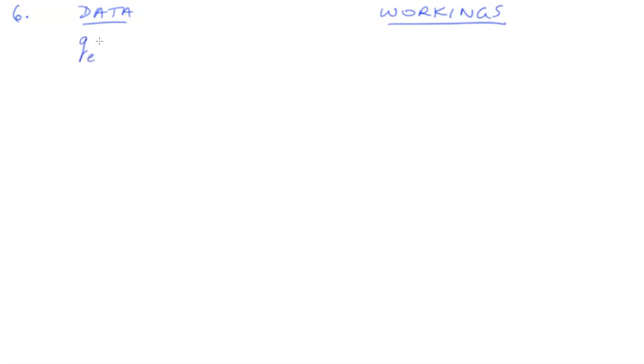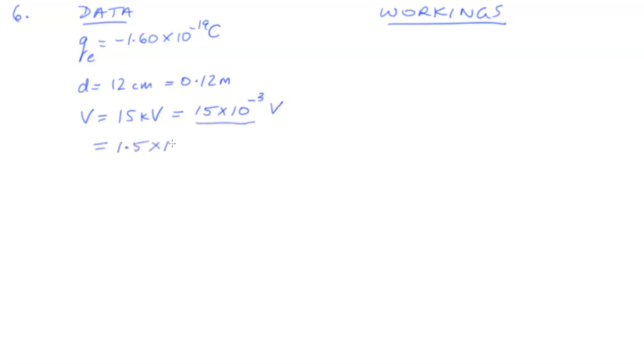We have the charge of an electron, the distance between the plates, making sure that we convert it, and the volts, making sure again that we convert it. So we want the force, the electrostatic force.